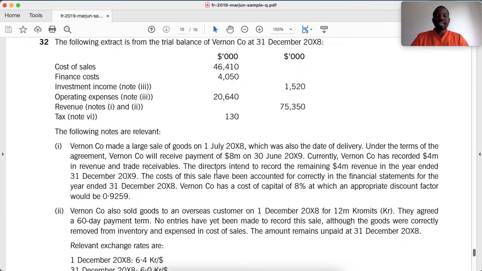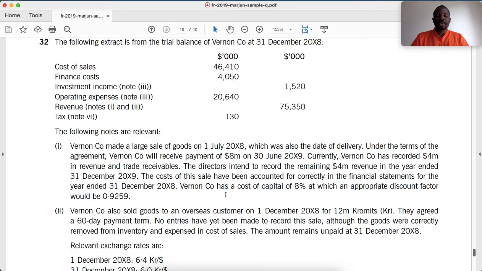We'll record the correct sale. The directors intend to record the remaining 4 million revenue in the year ended 31 December 20x8. This is also incorrect. The sale has to be recorded as and when it takes place. The cost of this sale has been accounted for correctly in the financial statements for the year ended 31 December 20x8.